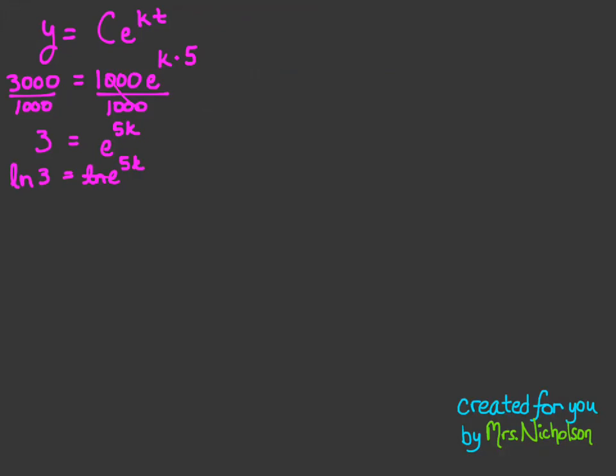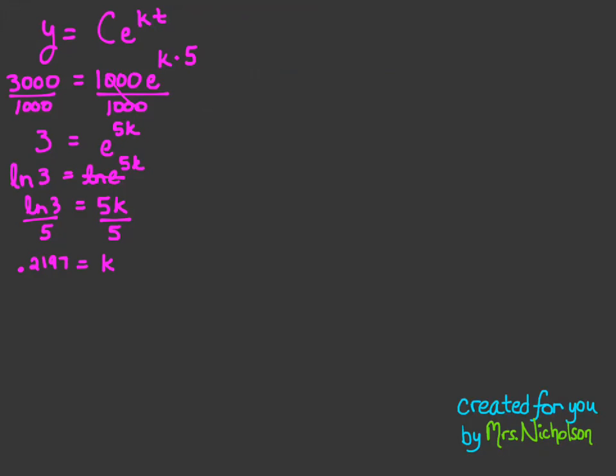The natural log and e cancel out, and I have 5k is equal to the natural log of 3. And then the final step, I'm going to divide by 5 to solve for k. And if you put that in your calculator, natural log of 3 divided by 5, we get a k equal to 0.2197.